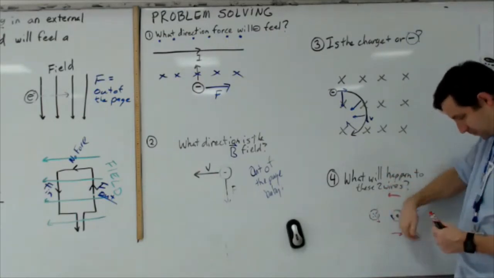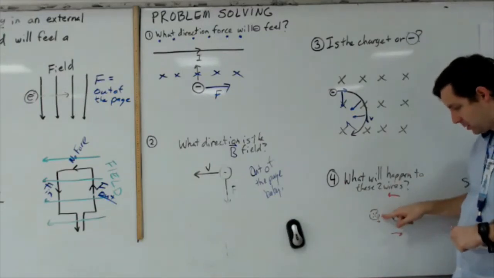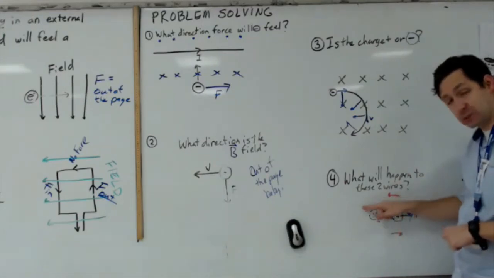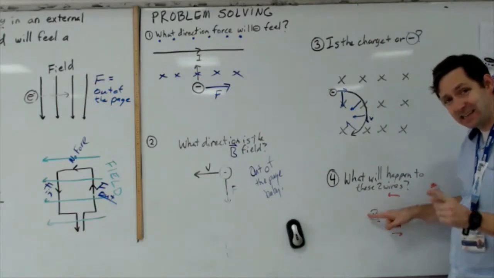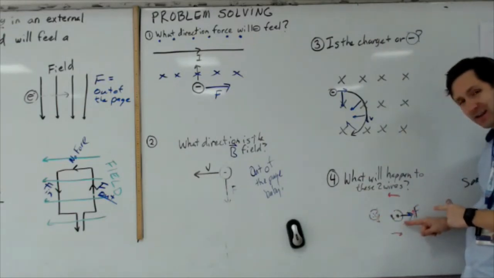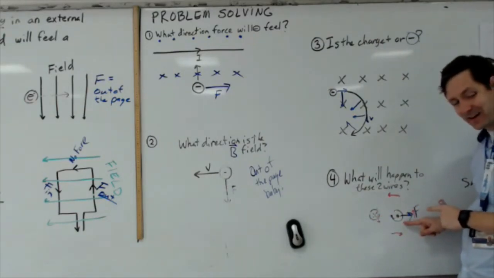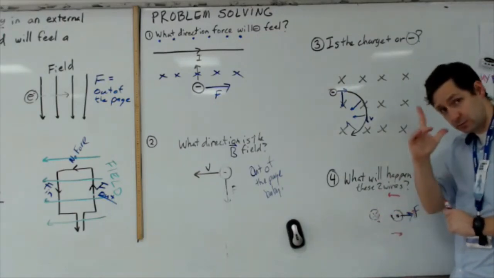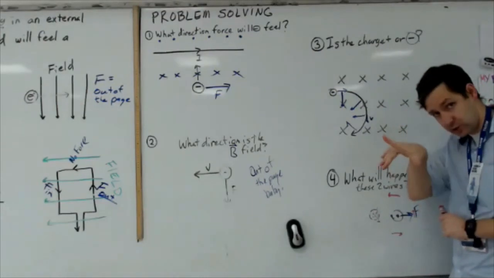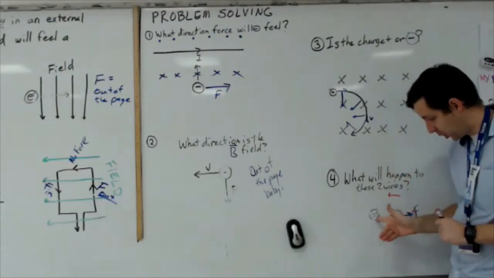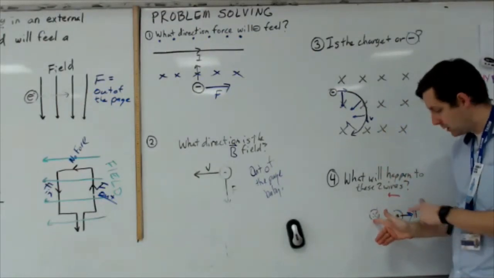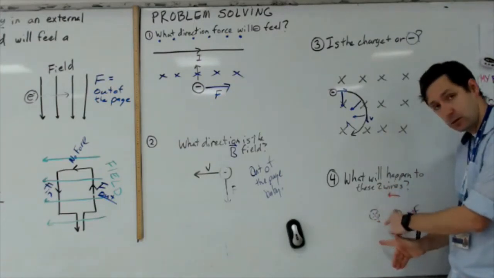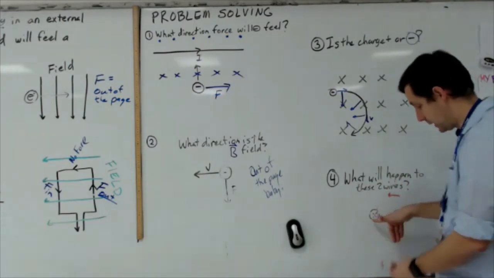Now we're going to decide what the force is on this wire, because it is in the magnetic field created by this guy over here. So we've got the current going into the page, and we're trying to find the force. Current is going into the page. Magnetic field is downward.